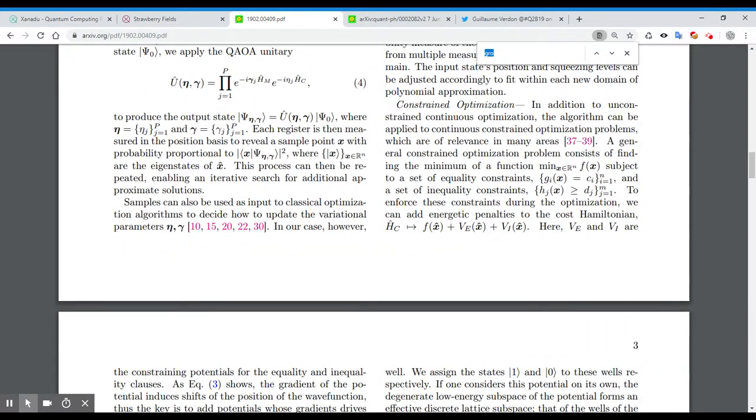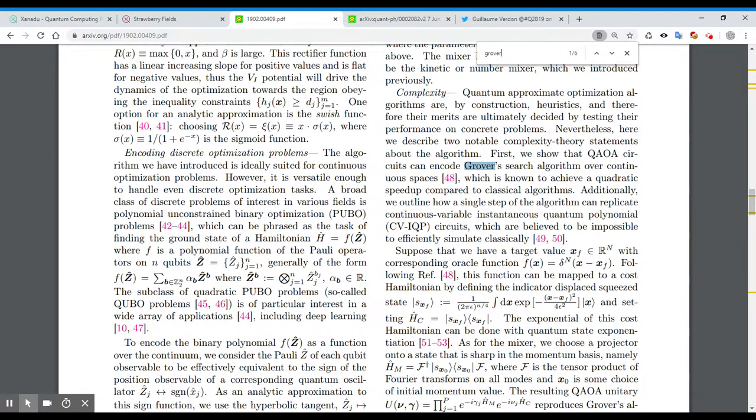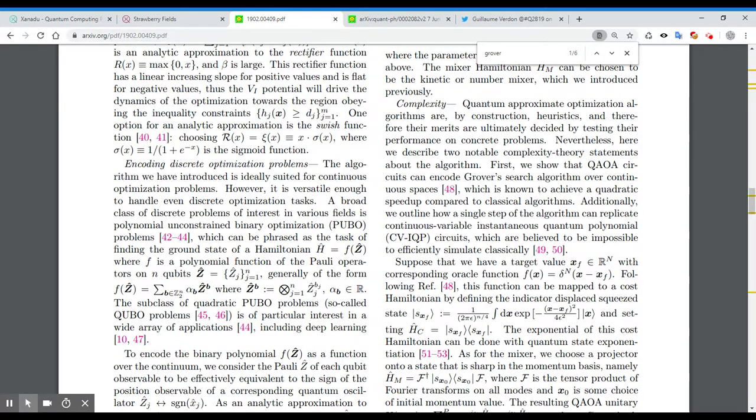So first I gotta find where the Grover part was here. But I don't know if here I have enough that I can understand. So first we show that QAOA circuits can encode Grover's search algorithm over continuous spaces, which is known to achieve a quadratic speedup.